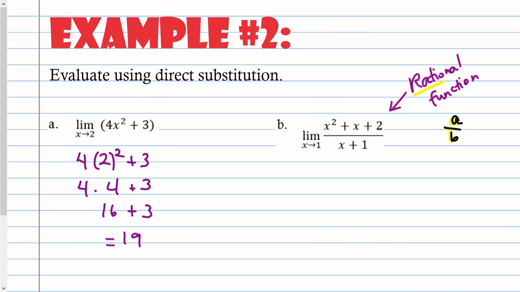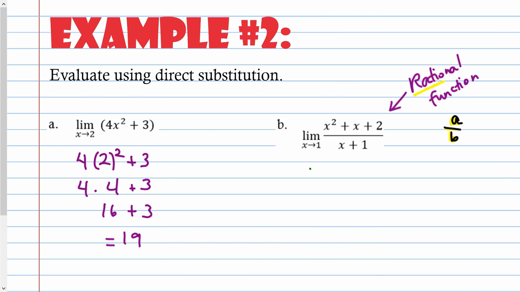For these, they start getting tricky. You have to make sure that if you were to plug in your x value, it's not going to make a 0 in the denominator. And here, when I plug in 1 into the denominator, it's 1 plus 1, so that's okay. But this would be a problem if it was 1 minus 1, and we'll see that in a few examples ahead.